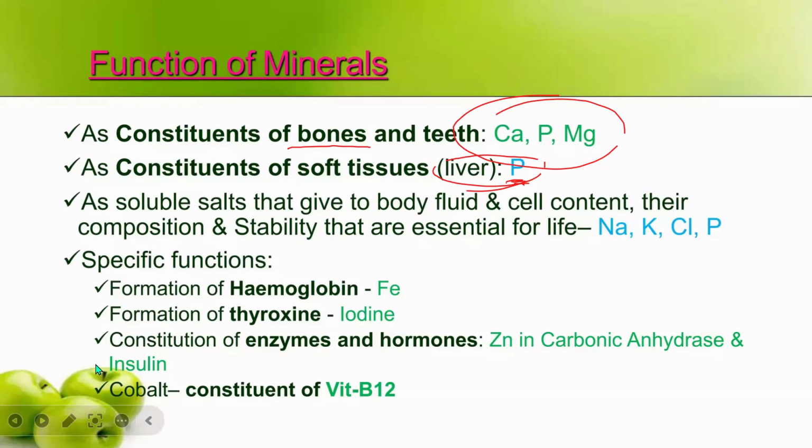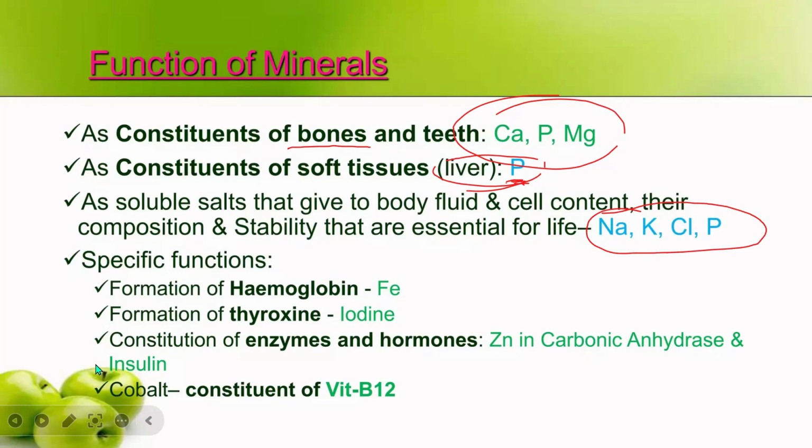They support life activities. These are very essential: sodium, potassium, chlorine, and phosphorus. They are found in body fluids like blood, and in cell contents like the cytoplasm.